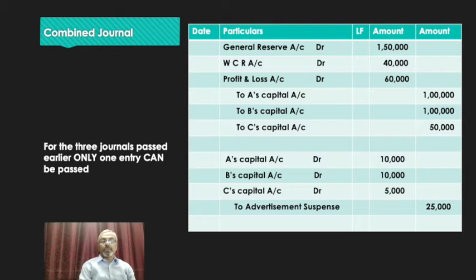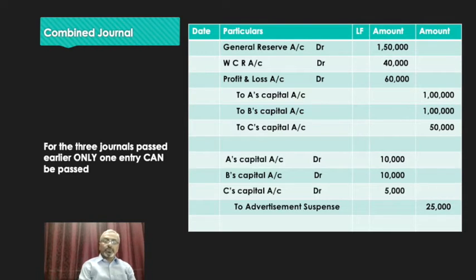So if you see the journal entry, general reserve account debit 1,50,000, workmen's compensation reserve account debit 40,000, profit and loss account debit 60,000, to A's capital account 1 lakh, to B's capital account 1 lakh, to C's capital account 50,000. Apart from this journal entry, we will also do the journal entry for advertisement suspense account, which remains in the asset side of the balance sheet on the date of admission.